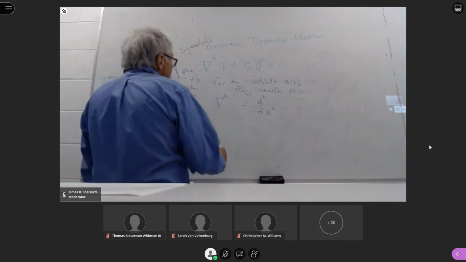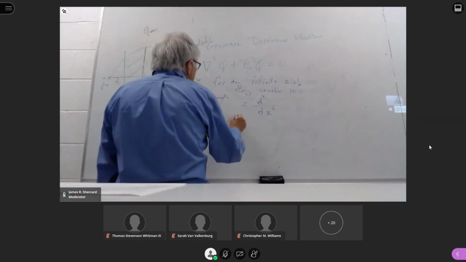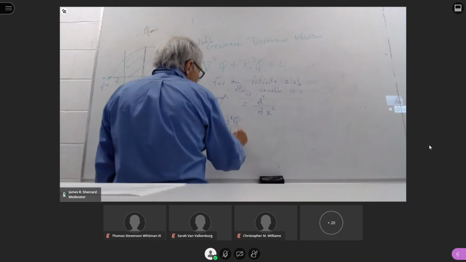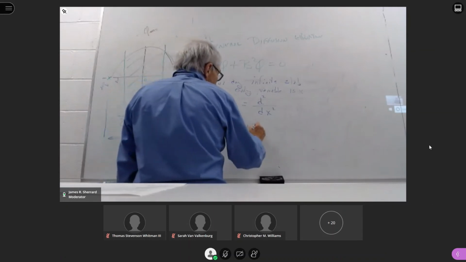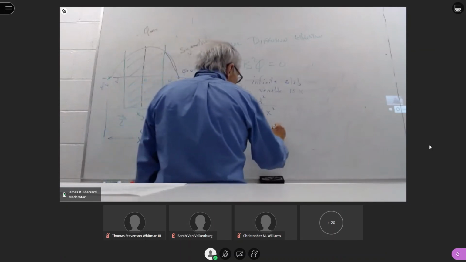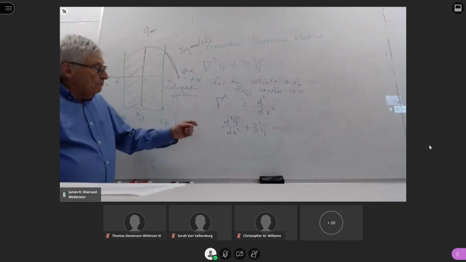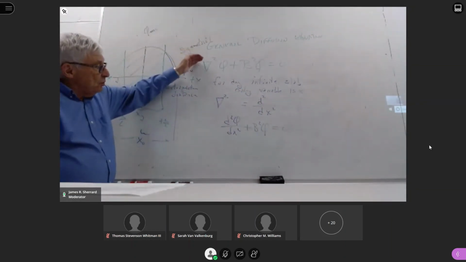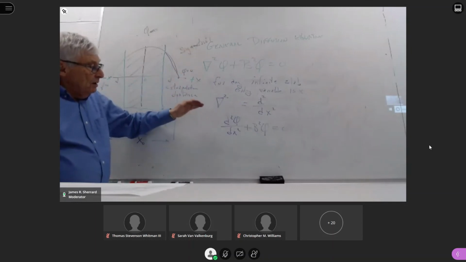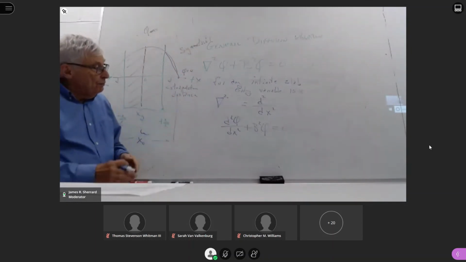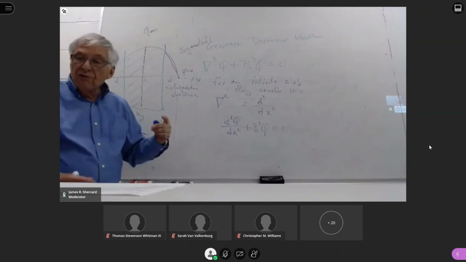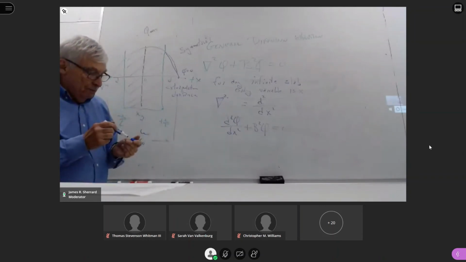So this equation then becomes d2 flux dx2 plus B squared flux equals 0. This is the modified general diffusion equation for an infinite slab.